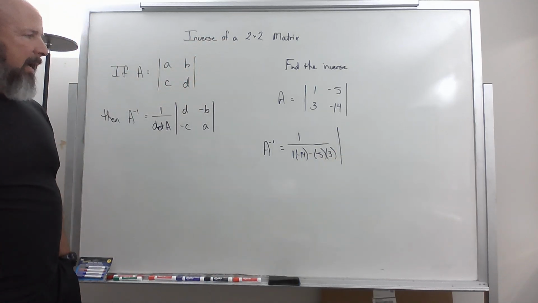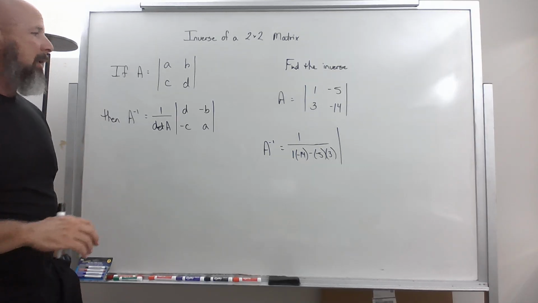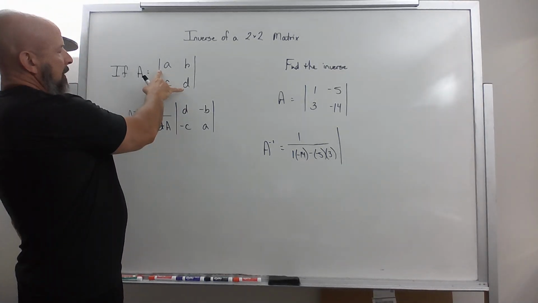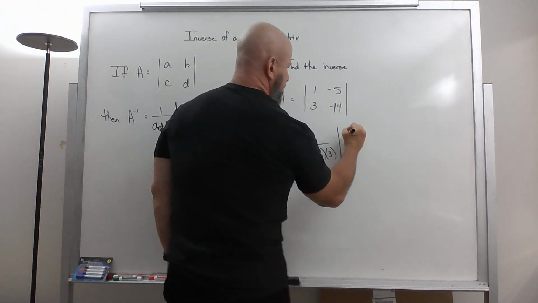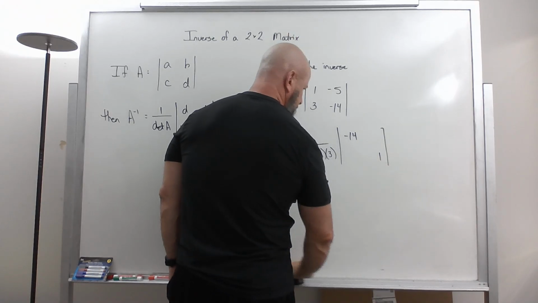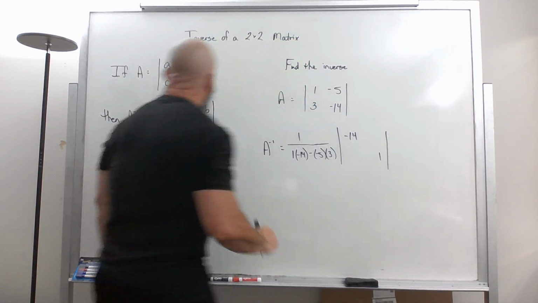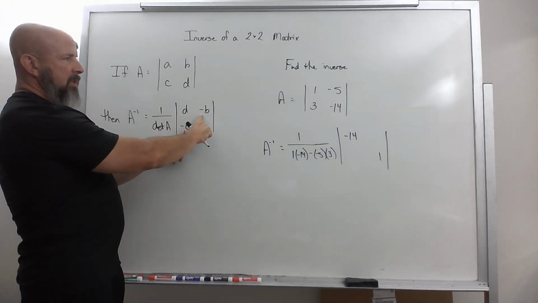And all of that, 1 over that value, times, now let's get things switched around. All right. These two, A and D, switch places. So that would be a -14 and a 1. The other two elements switch signs.